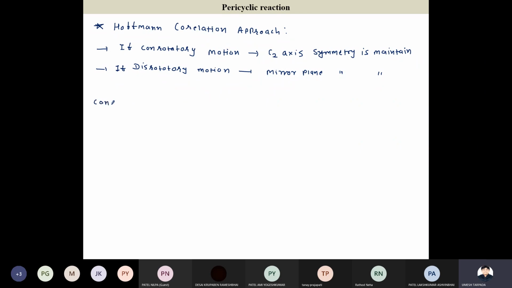Conrotatory motion means rotation is given in the same direction, either clockwise or anti-clockwise.